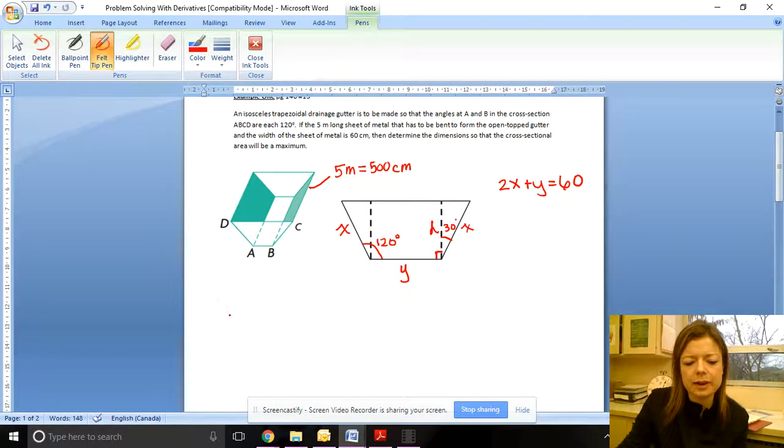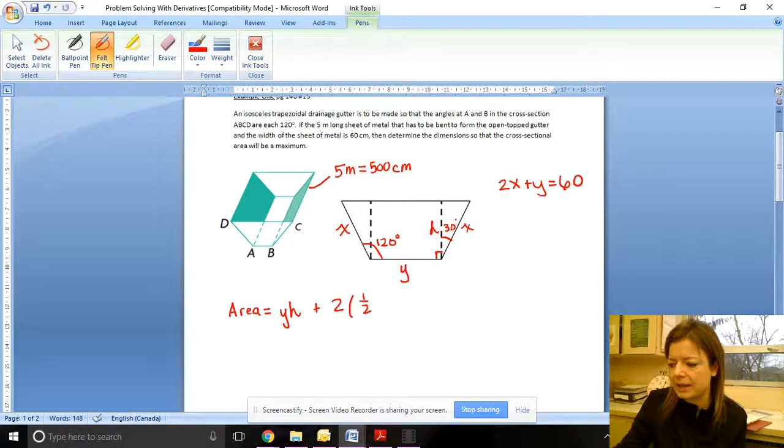So let's look at our area right now and see what variables we need to represent. So we have Y times H, which gives us this middle part. And we have two triangles that are both half of the base. So we need something to represent this little space here. So we'll call this width.